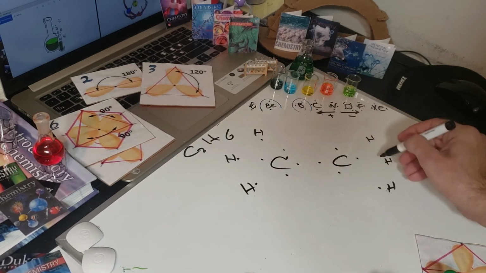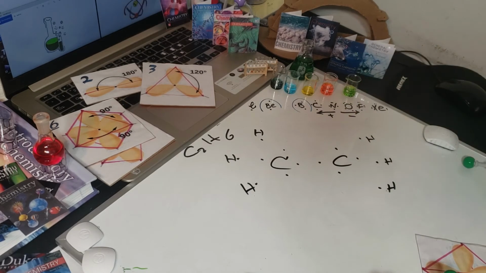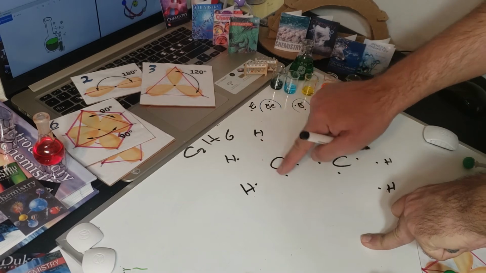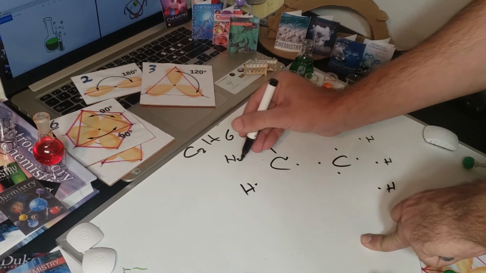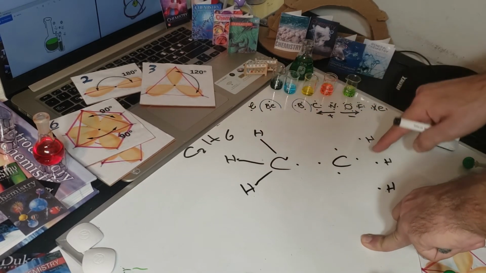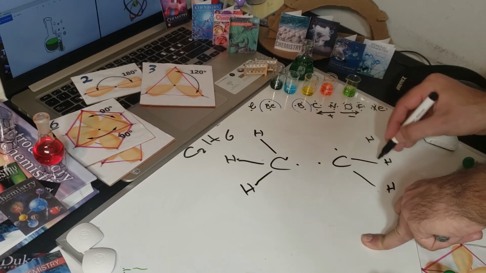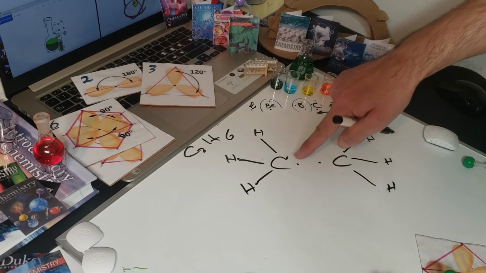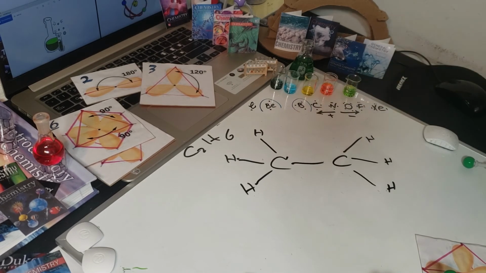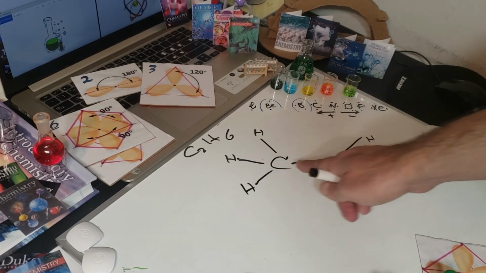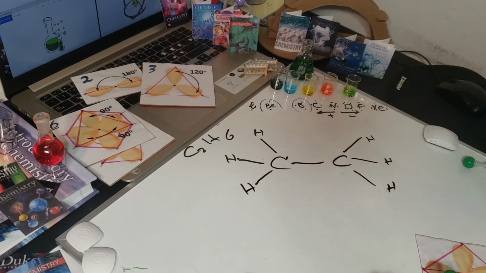My carbon is group 4, so it has 4 single reacting electrons. Each of my hydrogens has 1. I could share the single reacting electrons that will satisfy these 3 hydrogens, also satisfy this, and that would leave 1 remaining electron on each carbon, and as I join them by 1 covalent bond, it would satisfy their hunger.